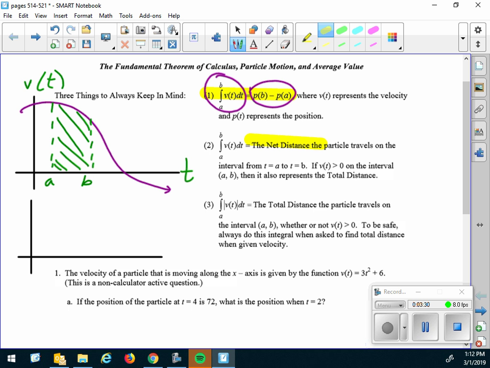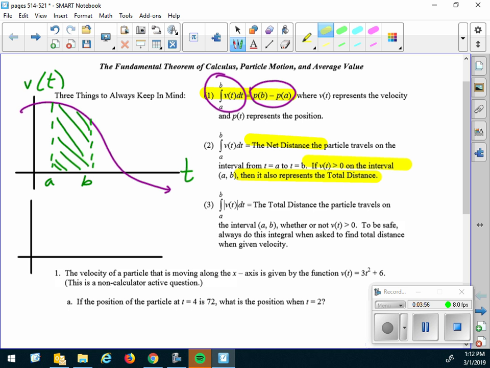Now take a look at this. The net distance the particle travels on the interval from a to b. If the velocity is always positive on that interval, meaning the graph of velocity is above the x-axis, then it also represents total distance. You know that, because we never had to change direction.